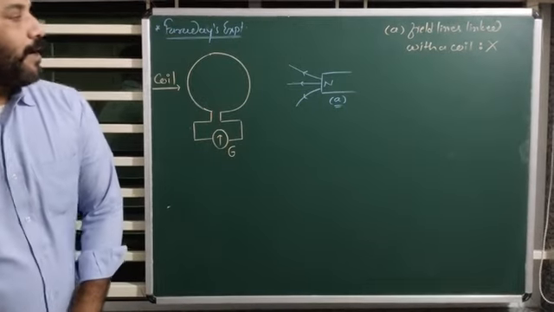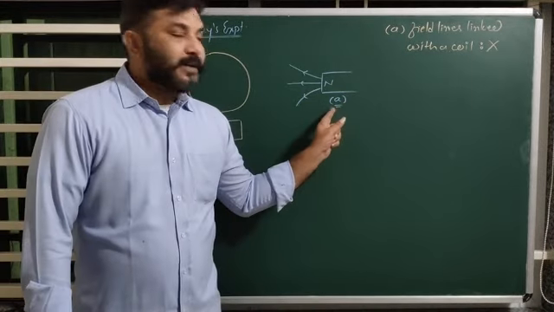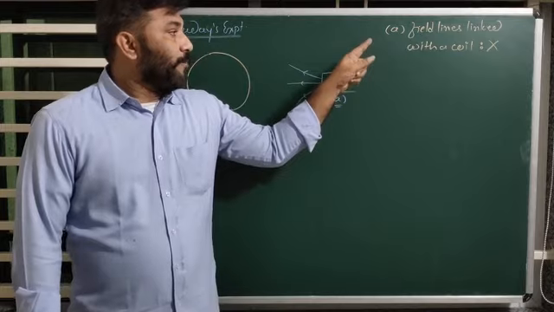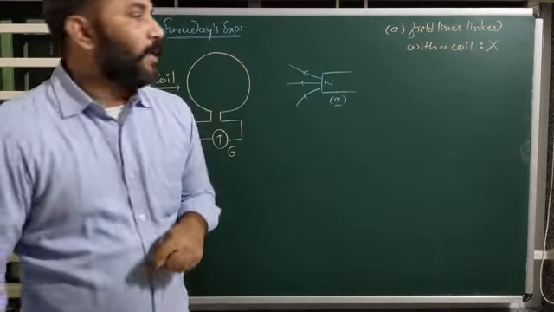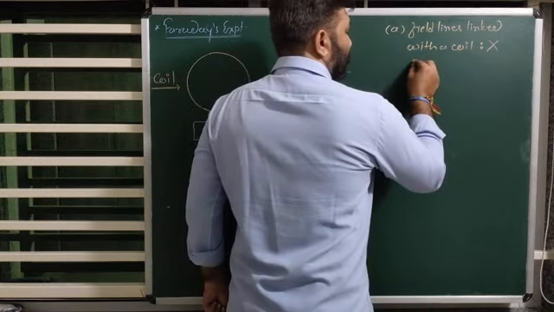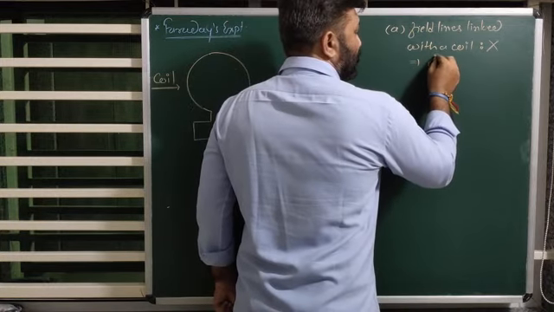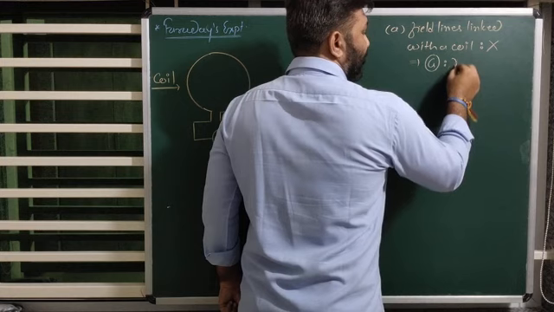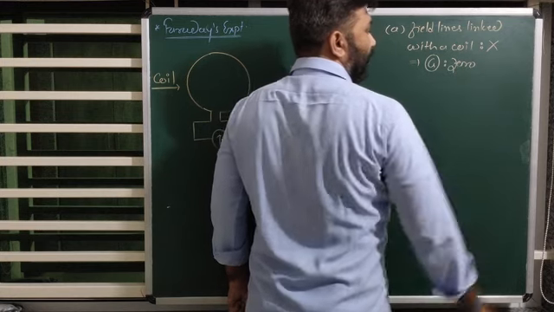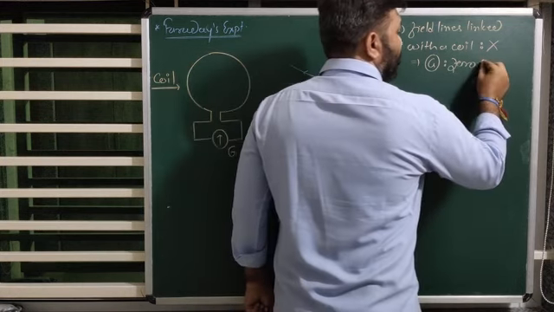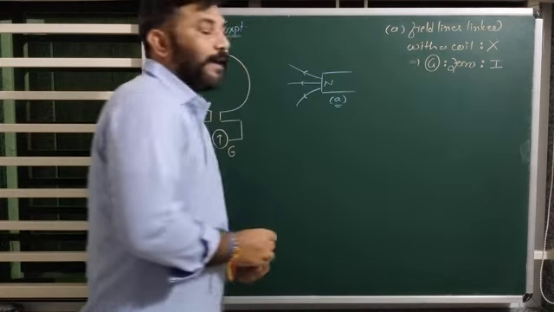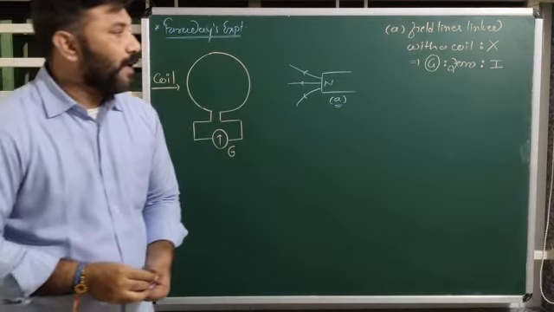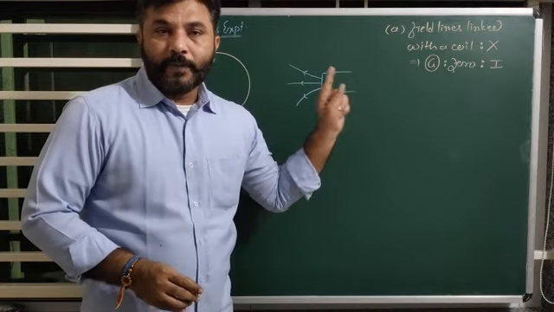You have to write this way: as shown in figure A, the magnetic field lines are not linked with a coil, and because of this reason the galvanometer shows zero deflection, and if the galvanometer shows zero deflection, then the electric current passing through the coil is zero. So it is a short key.